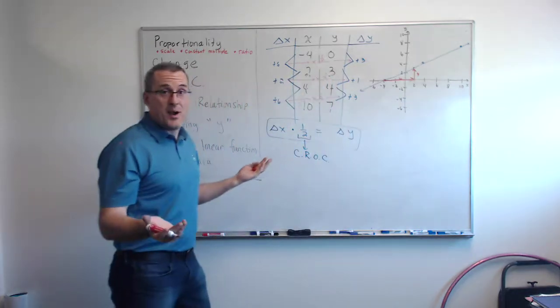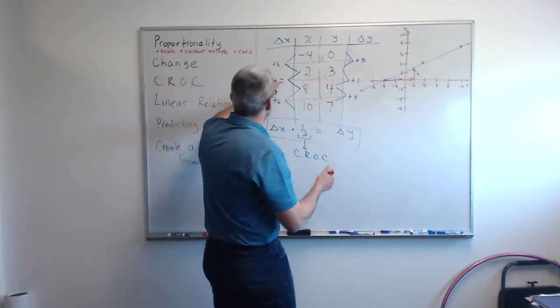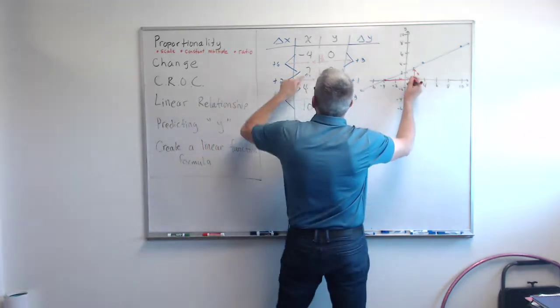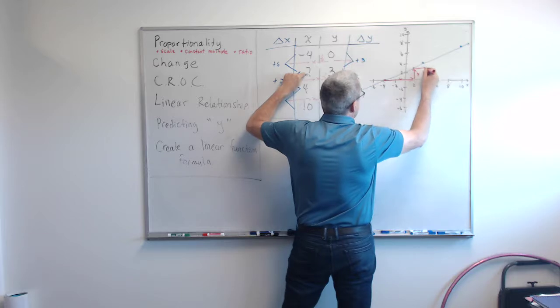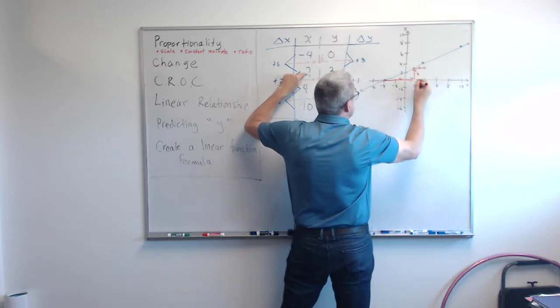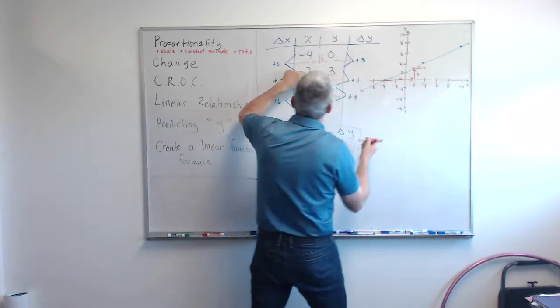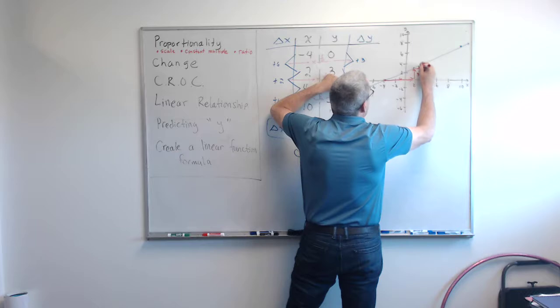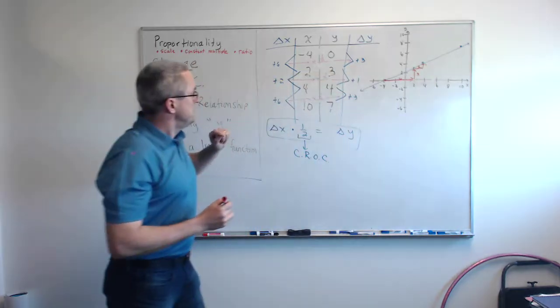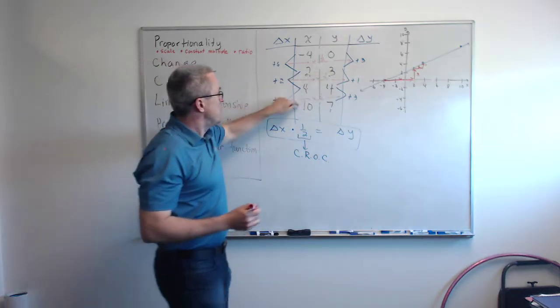And we can do that throughout from point to point. We can see this 2 and 1. So if you change from x equals 2 to x equals 4, that's clearly a change of 2. And when we change x by 2, y changed by 1, from 3 to 4. And we can see this last change from 4 to 10.